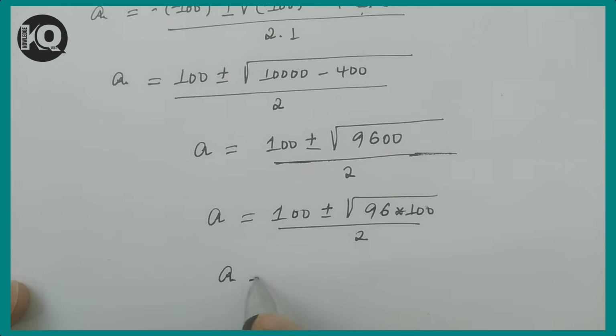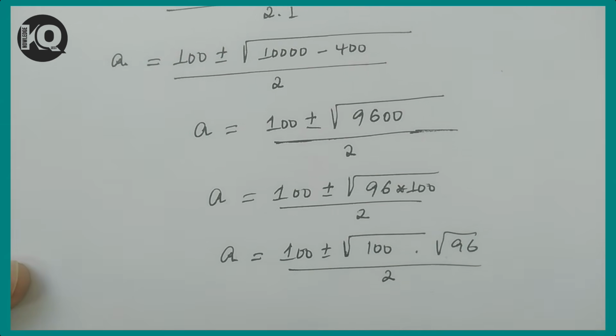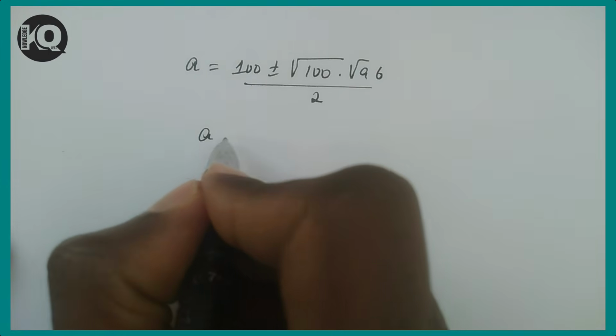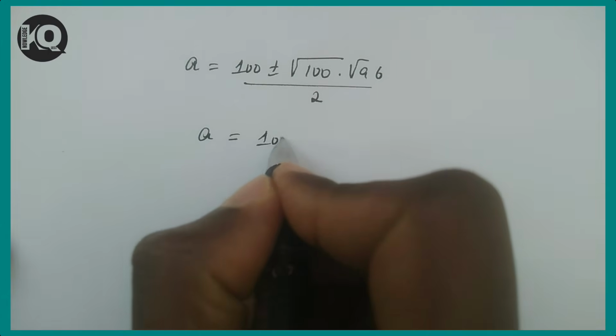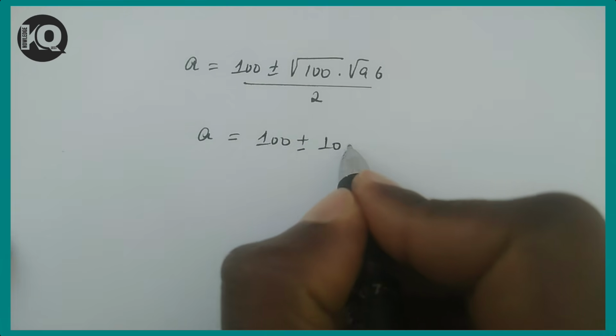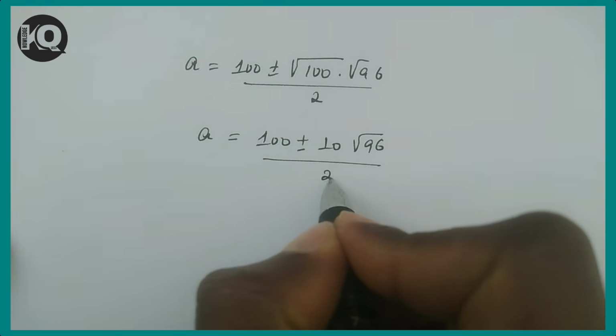So a is equal to 100 plus or minus the square root of 100 times the square root of 96, divided by 2. The square root of 100 is 10, so 10 times the square root of 96, divided by 2.